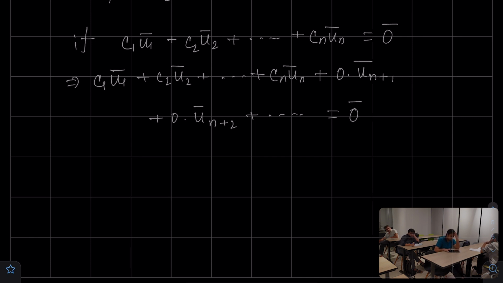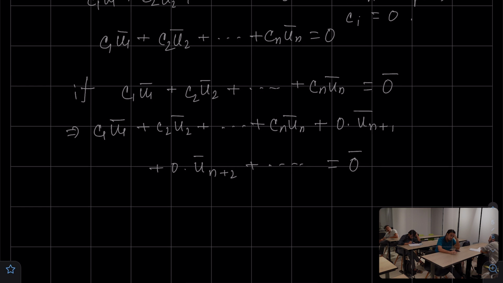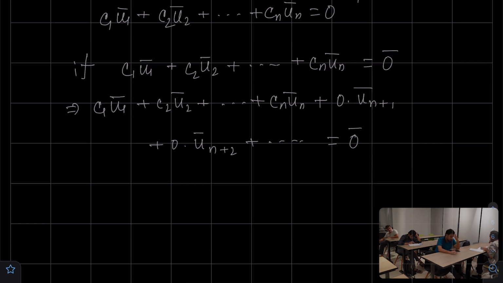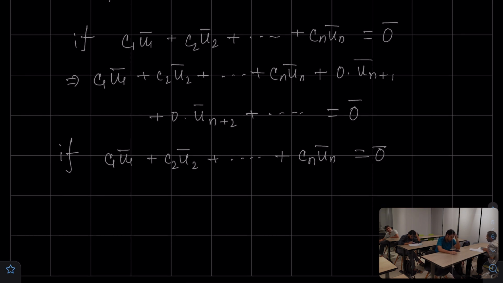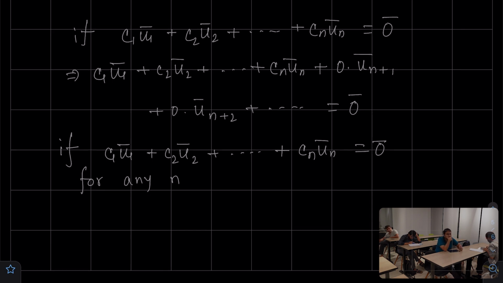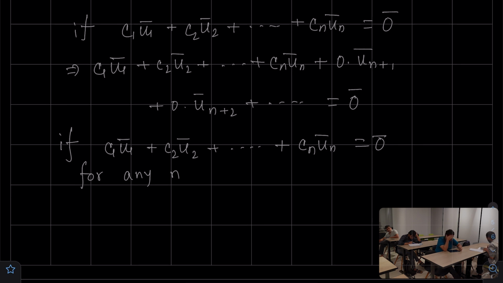What are you trying to do? You are trying to prove that. So write down what you want. So I want to prove: if c1 u1 vector plus c2 u2 vector plus ... cn un vector is equal to the 0 vector for any n, then this implies c1, c2, all the way up to cn are equal to 0.